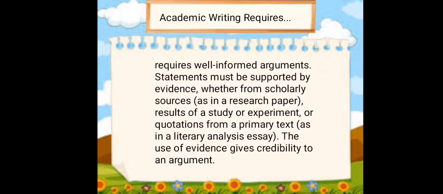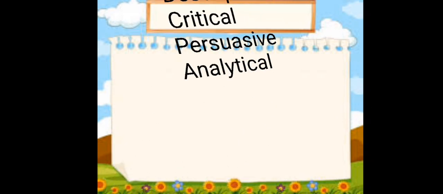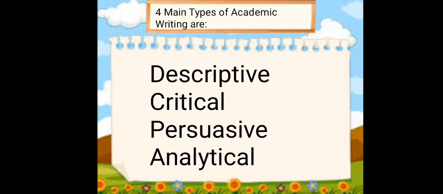The evidence should be factual, not merely opinionated, or even if opinionated, it should still be true and concise to your stance and point. Four main types of academic writing are descriptive, critical, persuasive, and analytical. I hope that you are all familiar with these, especially the descriptive and persuasive.